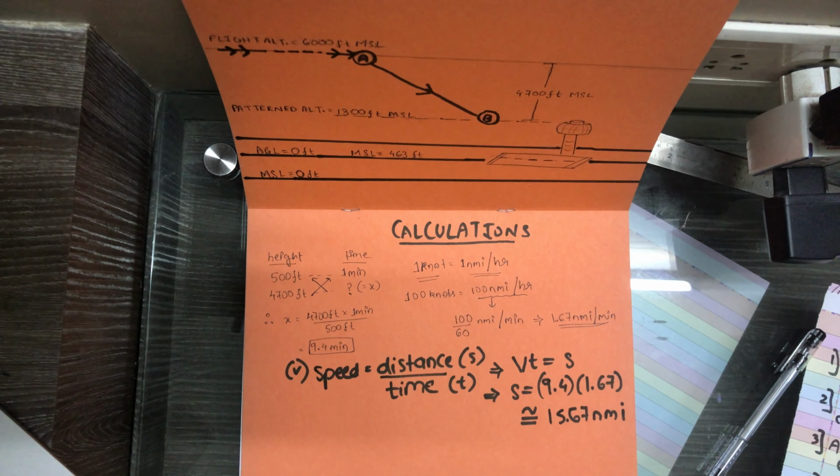But always descend a little early from it, as you may need to change it due to some obstacles, ATC orders, terrains, wind speed, etc. Now let's represent it on the diagram.